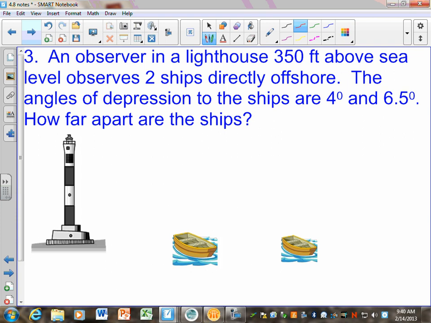Now you have to draw a lighthouse and a ship. I just drew a boat.